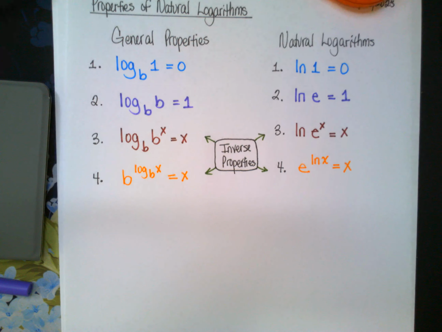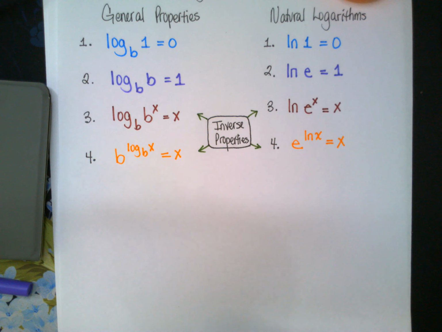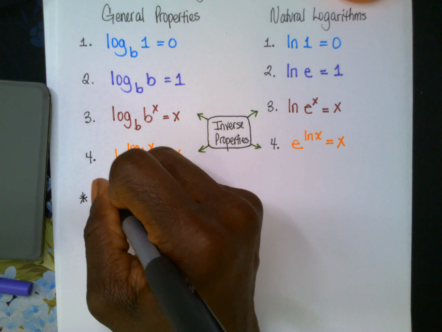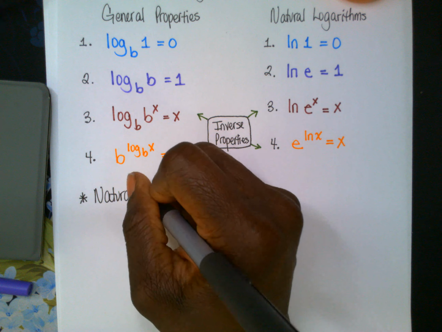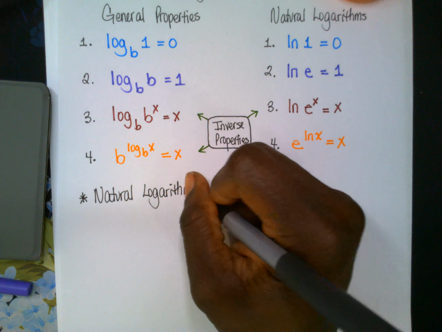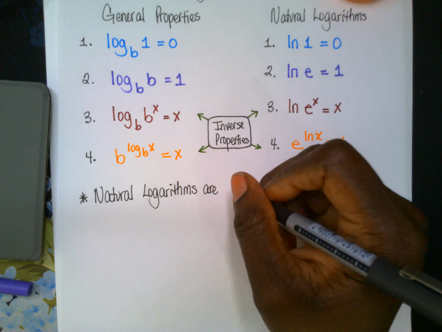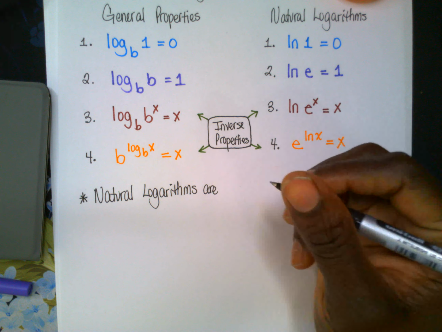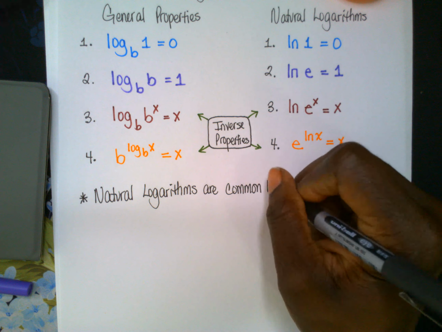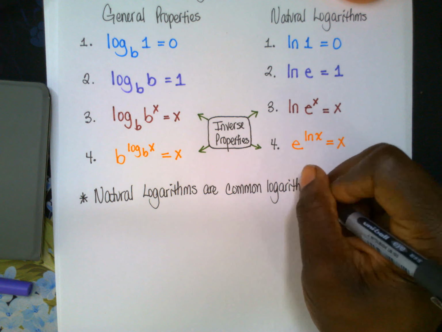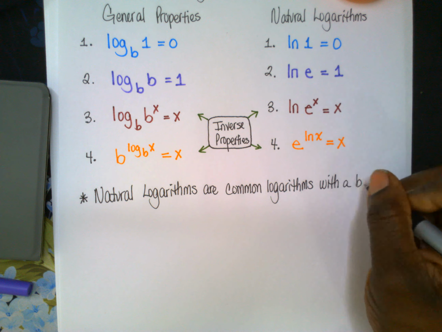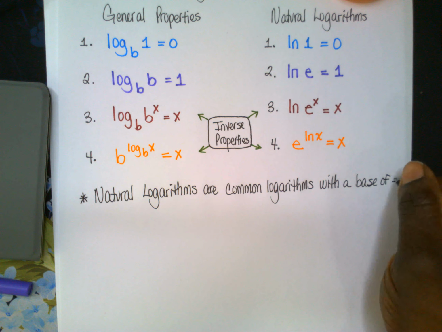So we're going to push up just a smidgen and we're going to look at natural logarithms. Natural logarithms are common logarithms with a base of e.